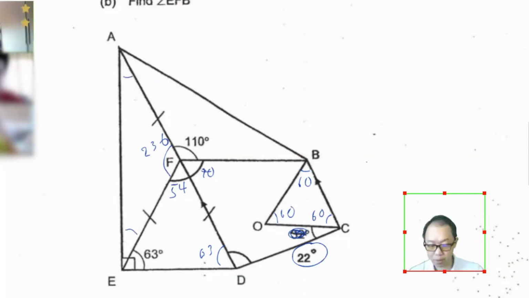Because, wait, how can it be 236? Something wrong. 54, 180, 70. There's something wrong there. Wait, calculation error.